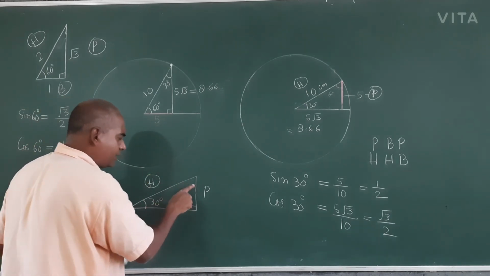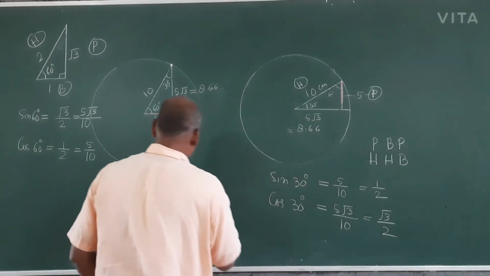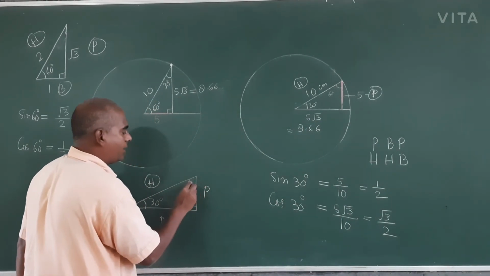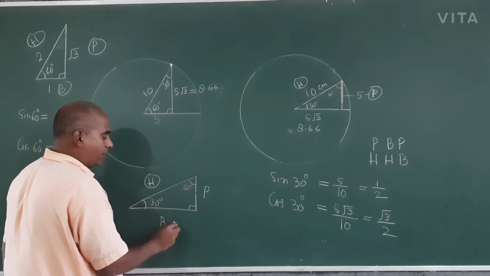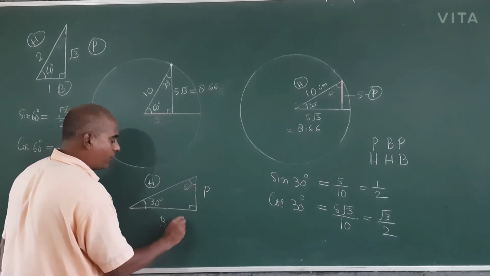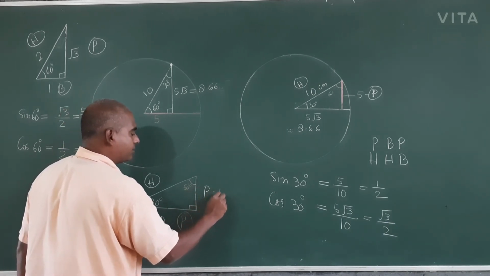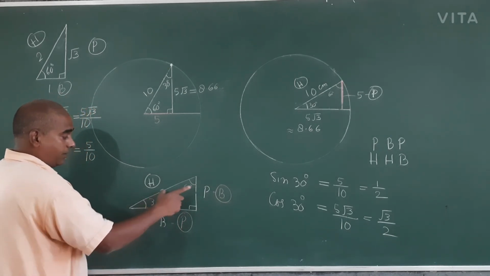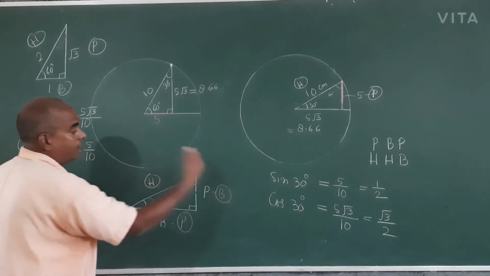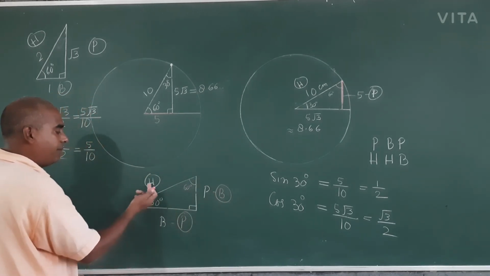But for this 60 degree, this will be perpendicular just in front of that, and this will be base. So that is why sin 60 and cos 30 are equal, because perpendicular and base swap, and hypotenuse is fixed.